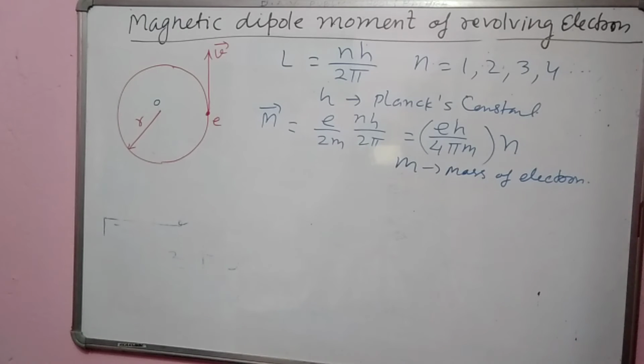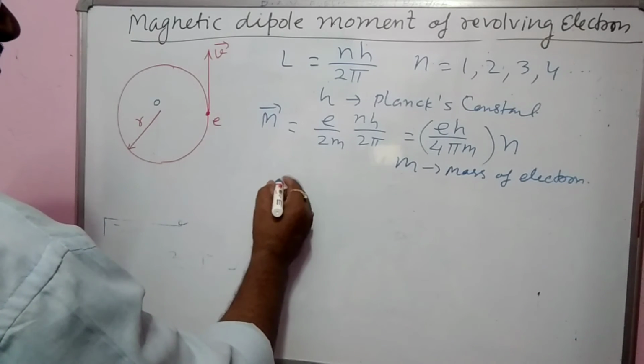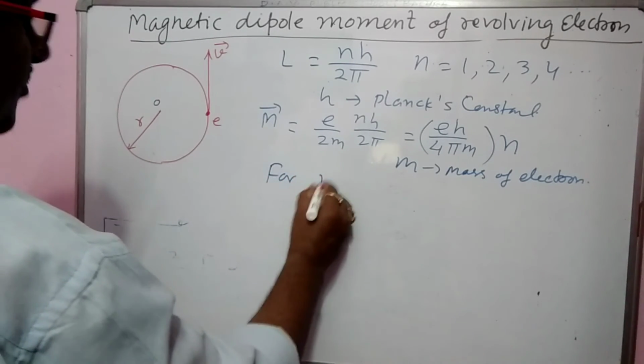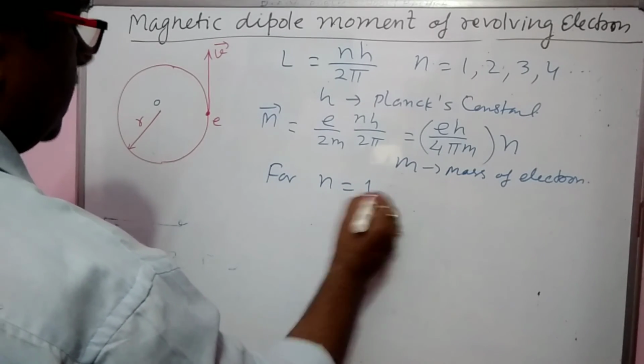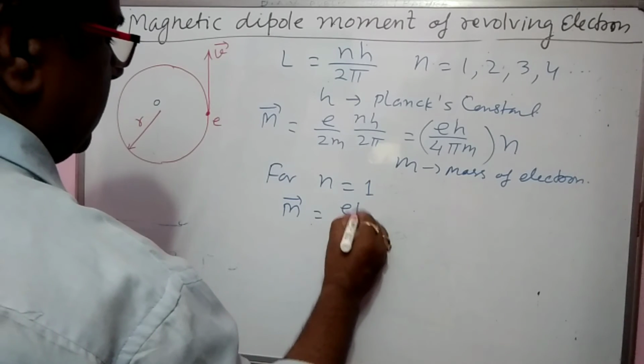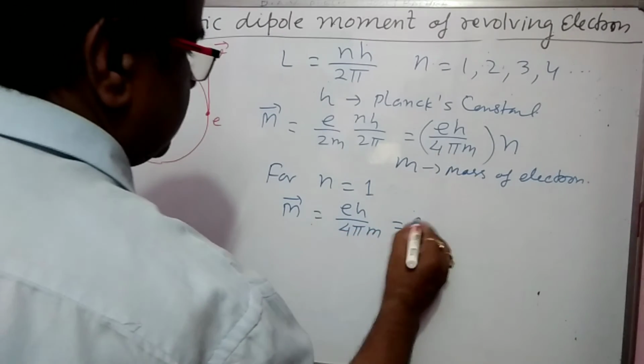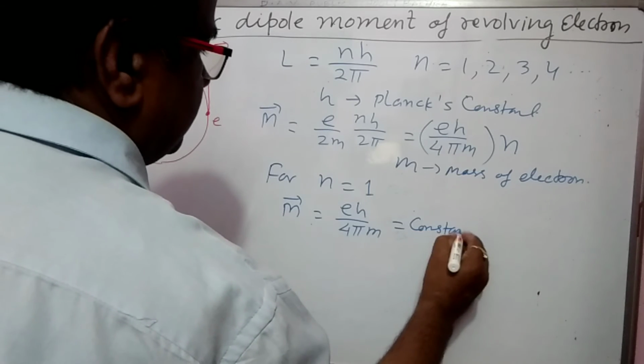So we can write here, for n is equal to 1, we will get M is equal to eh by 4 pi m, which is constant.